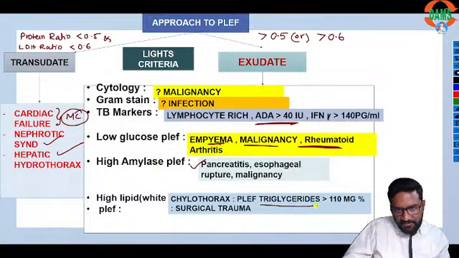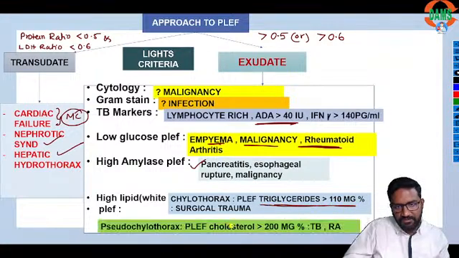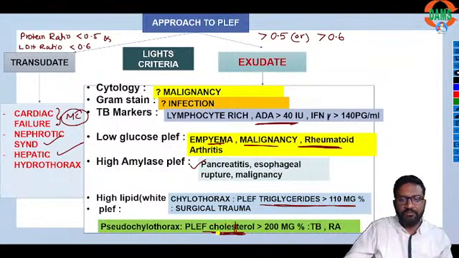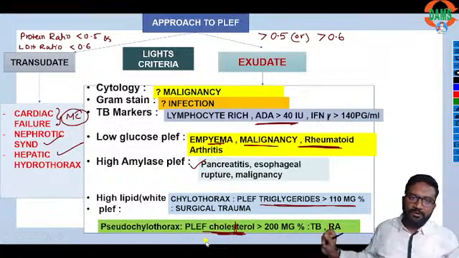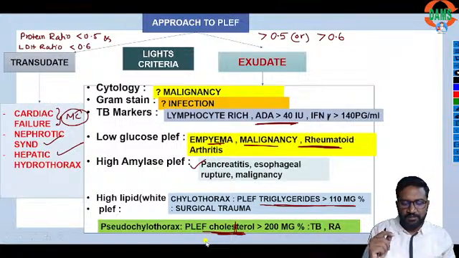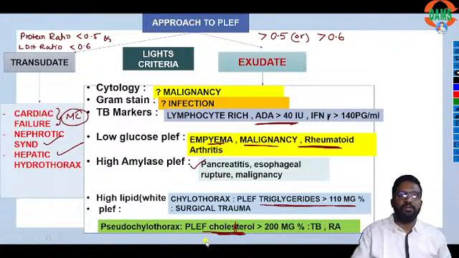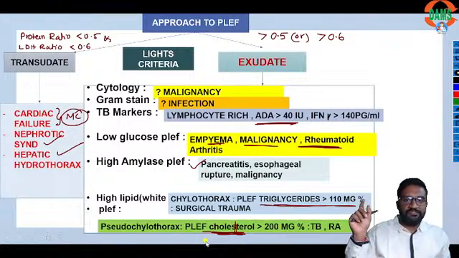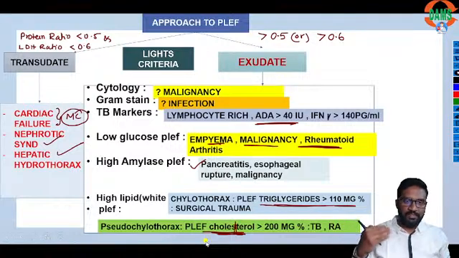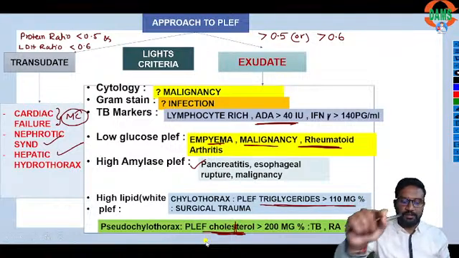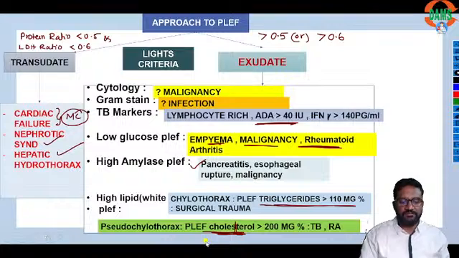Chylothorax, triglycerides will be high. Pseudochylothorax, cholesterol will be high. So these are all the various pleural effusions that they can ask you directly in the exam. It is nothing complicated. Just identify exudate and by the given parameter suspect these conditions, students.